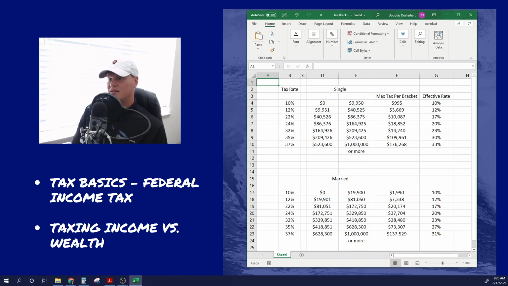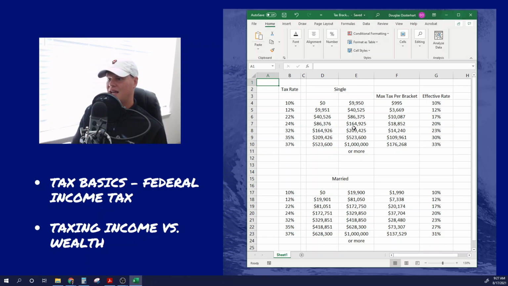So the example, looking at someone in the single tax bracket making 100 grand as their gross income, they might think, oh, because I land between 86,000 and 164,000, I'm in a 24% bracket.